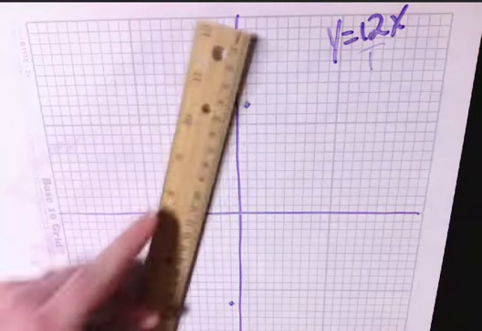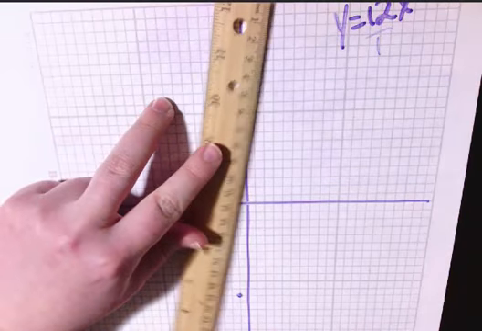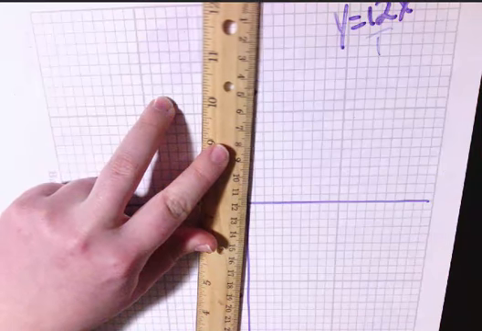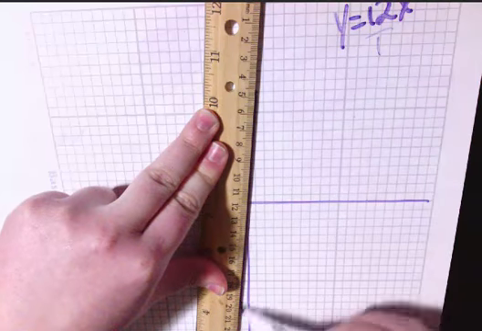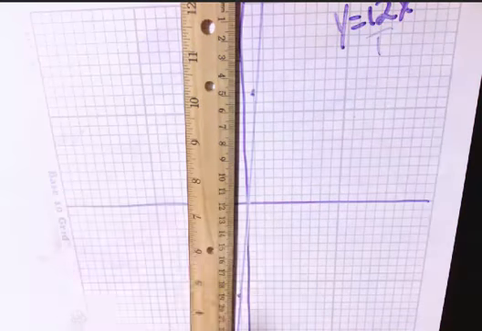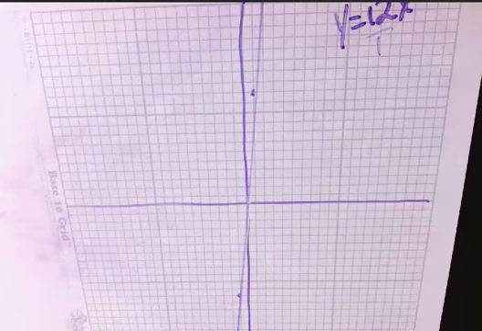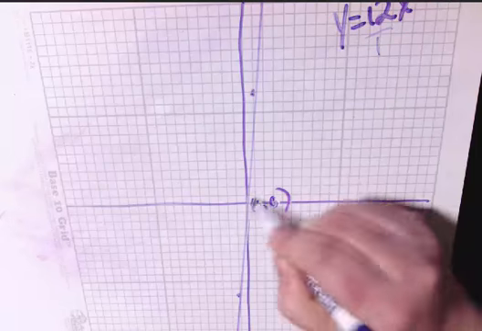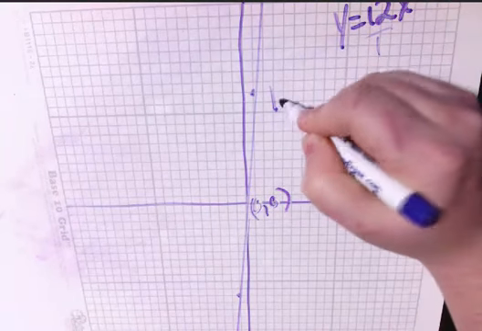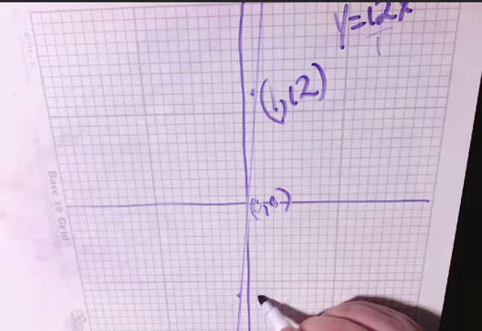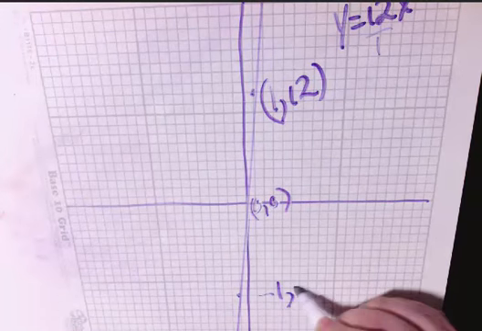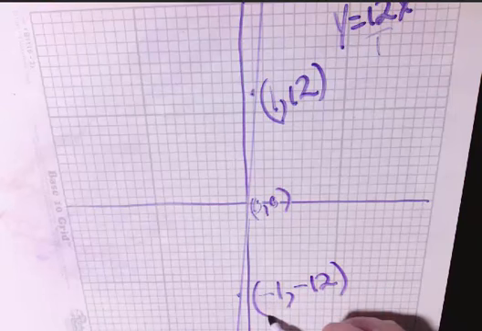So we can connect those points, and we know that this is 0, 0, this is 1, 12, and this is negative 1, negative 12. Let's look at our options.